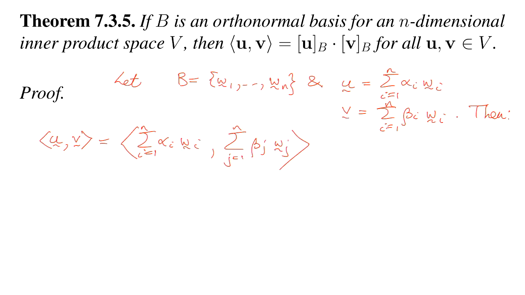Now I'm using j's on the second linear combination just so that I don't get confused when I do the next step. But I can use linearity in both arguments. So we'll do it in two steps. Linearity in the second argument means I can do the following. So I keep the first argument fixed.